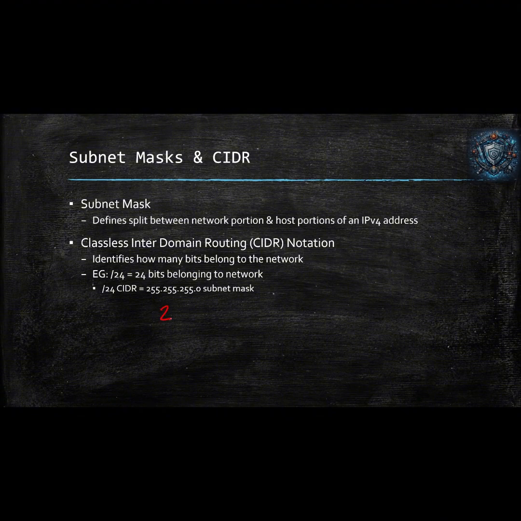So if we have 255, 255, 255, and 0, from a binary perspective, it looks like this. 24 ones, 24 binary ones, which means all of this belongs to the network.